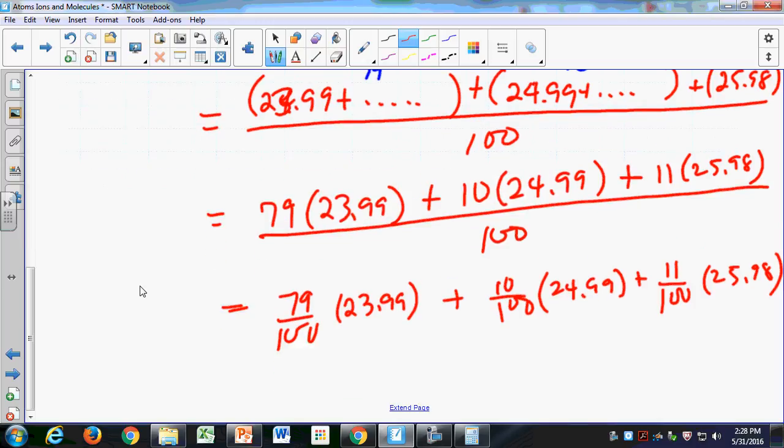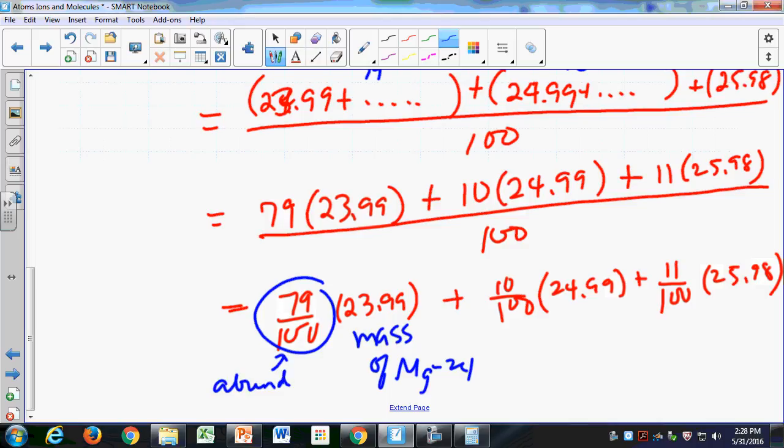We multiplied the mass of magnesium 24 by the abundance, the relative abundance, you might say, or the percentage of magnesium 24. And if we did all of these calculations, you'll find that you're going to get 24.31.